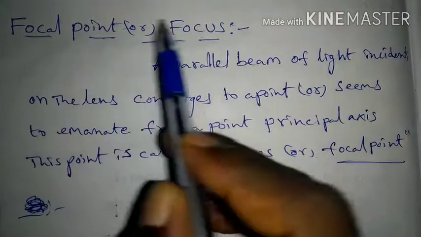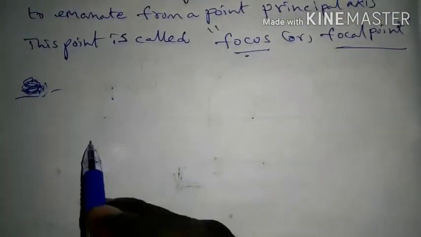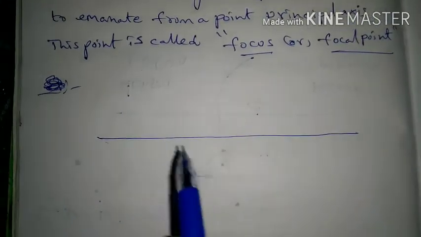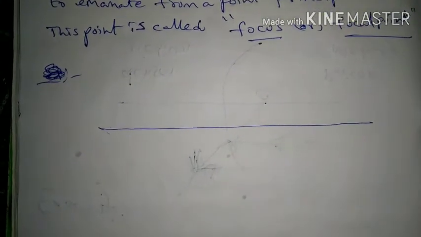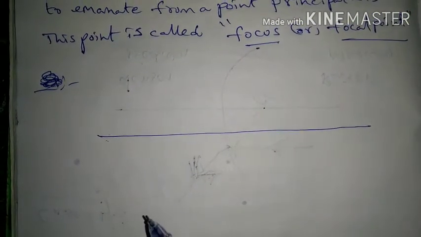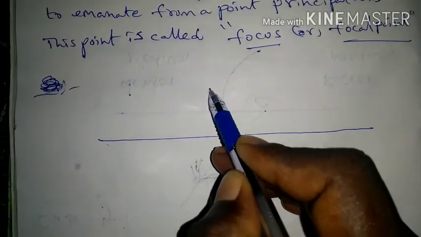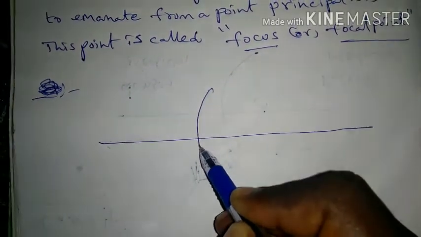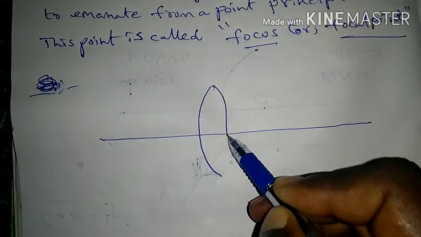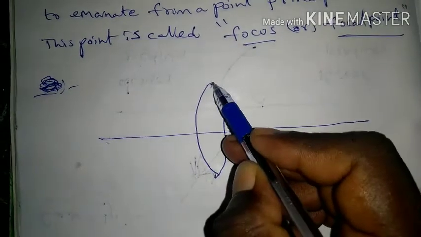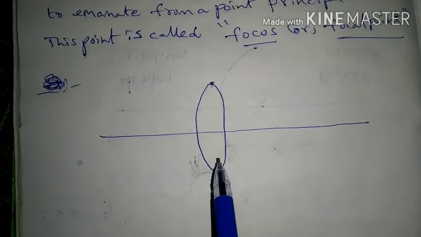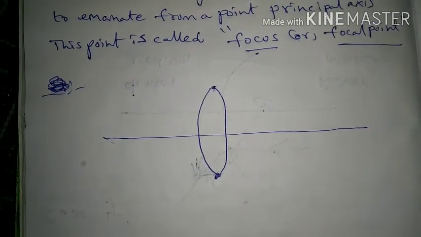Explanation of focal point or focus. See this line, the principal axis. Next, take a double convex lens. This is a double convex lens.